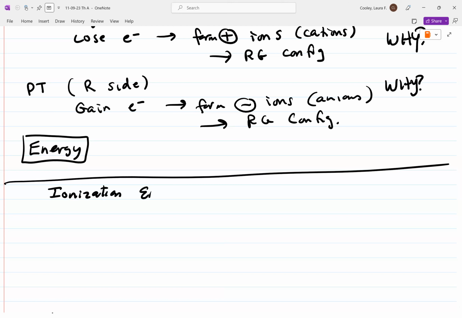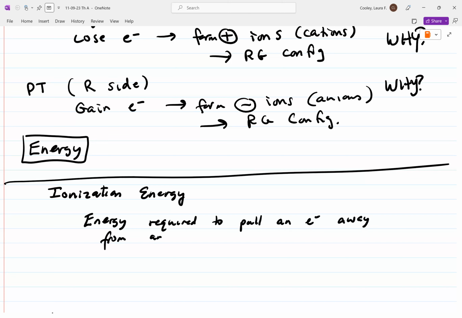One of them is called the ionization energy. This is the energy that's required to pull an electron away from an atom. Now, why do you think energy would be required to pull an electron away from an atom? That's right.